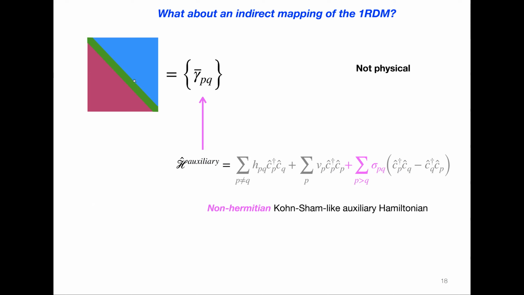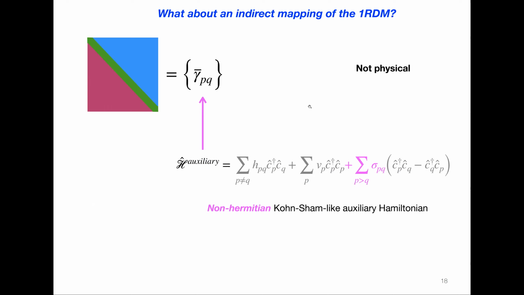First of all, if you want to generate this kind of idempotent but non-Hermitian density matrix, you need to introduce into your non-interacting or mean field Hamiltonian a term that will break the hermiticity. I just call this term sigma here. You will understand later on why. And on that basis, I can generate a non-Hermitian density matrix.